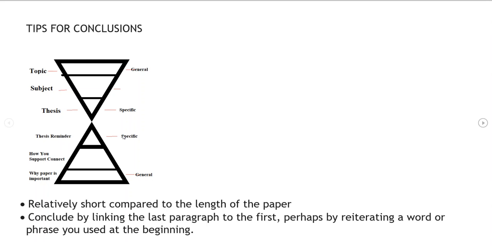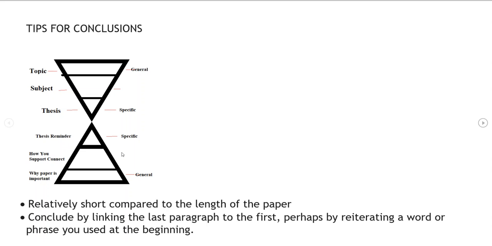Right. So that's going to be one sentence. In the next sentence or 2, you're going to try and connect your support together. You don't want to just summarize your points. You don't want to just say, in my paper, this was one point and this was another point.